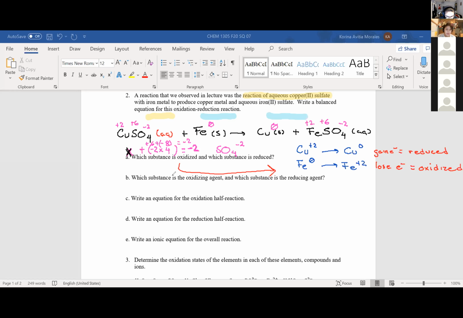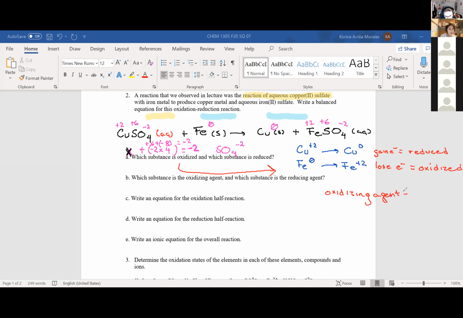Okay, now which substance is the oxidizing agent and which one is the reducing agent? Iron is the oxidizing agent. Are you sure? Oh, other way around. So the way you guys can see it is that the oxidizing agent is what causes the oxidation to happen.